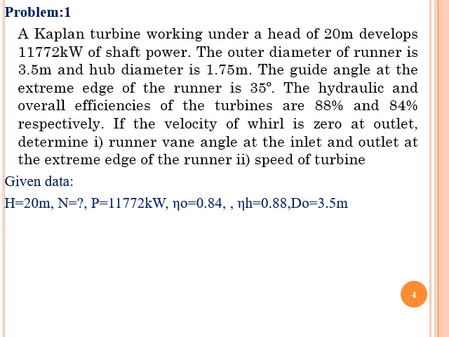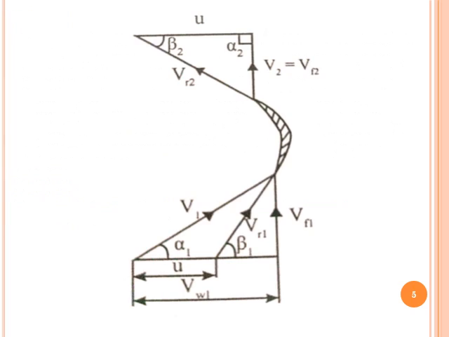H is equal to 20 meter, N you have to calculate, power value is given, overall efficiency is equal to 0.84, hydraulic efficiency is equal to 0.88, outer diameter is 3.5 meter, boss or hub diameter is 1.75 meter, alpha 1 is equal to 35 degree. So now calculate beta 1 angle and beta 2 angle.